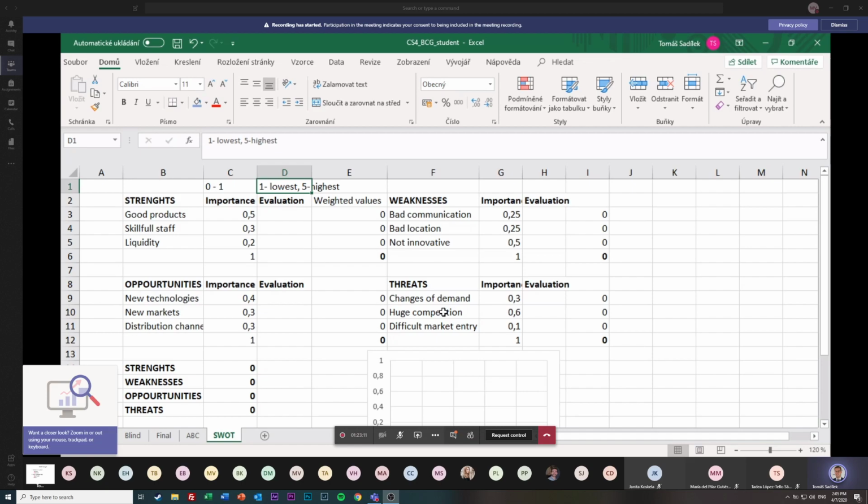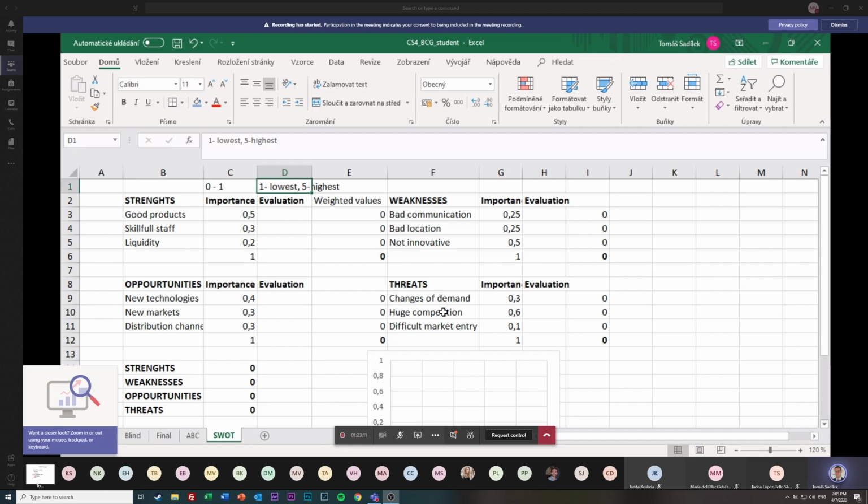Then I skip to the opportunities and do a similar evaluation. The company is using new technologies. This is okay. New market, just slightly, and the distribution channel is also under average. So let's move to the weaknesses and threats. Here it is a bit different. We do the evaluation still on a scale from 1 to 5, but because these are negative, we have to put the minus.